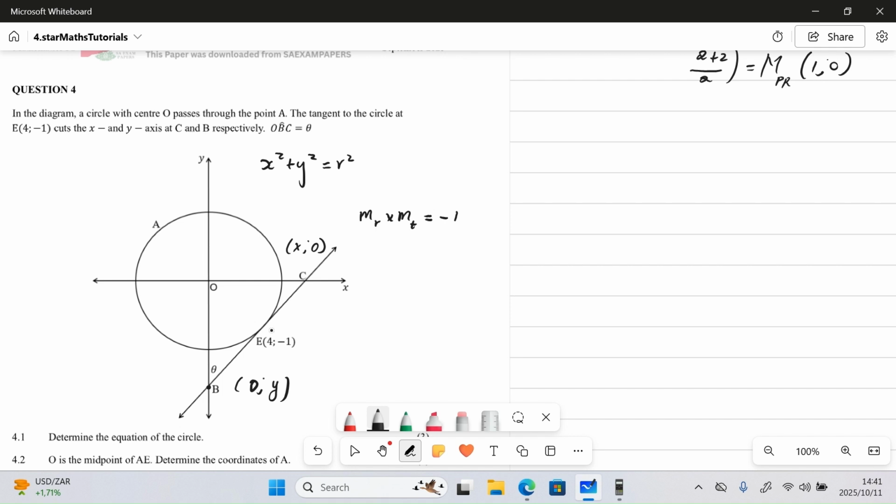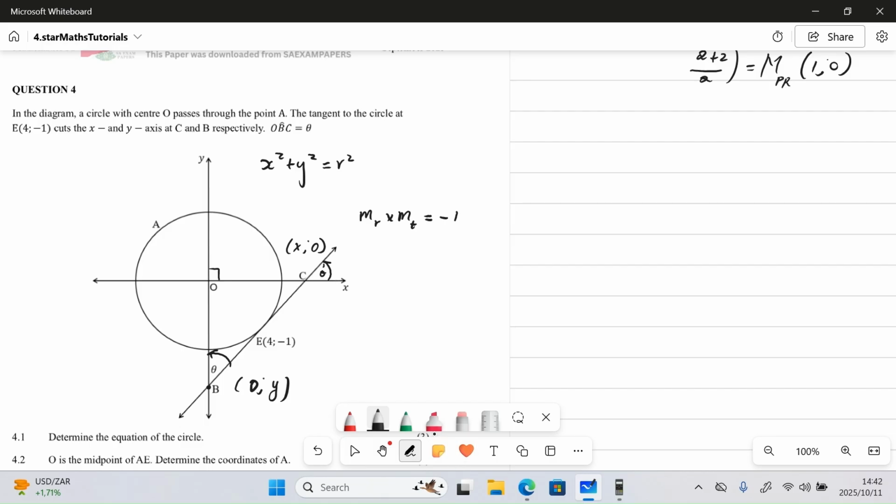We don't know the name of this angle, but it is the angle between the y-axis and this line. What is the angle of inclination of the y-axis? Remember, it's 90 degrees. And what is the angle of inclination of this line?